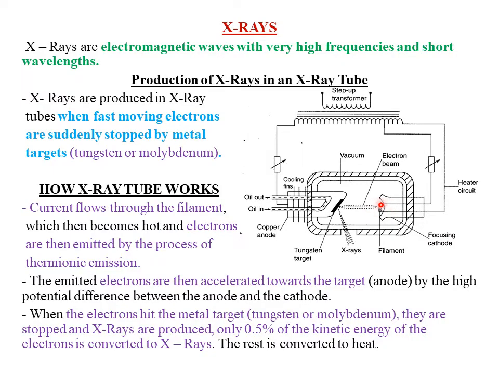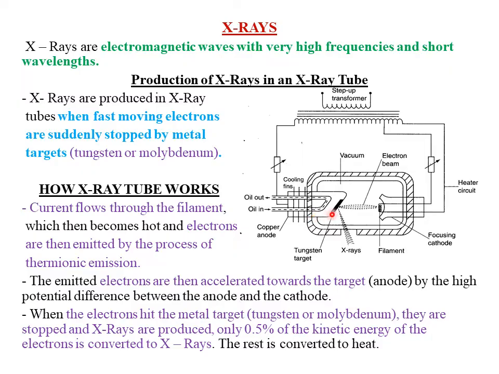Because they're being repelled by this cathode, which is negatively charged, because remember, like charges will always repel each other, the electrons are going to form what we are calling an electron beam, or simply cathode rays. That beam of electrons will move in such a way that it is getting accelerated, because we have the copper anode.